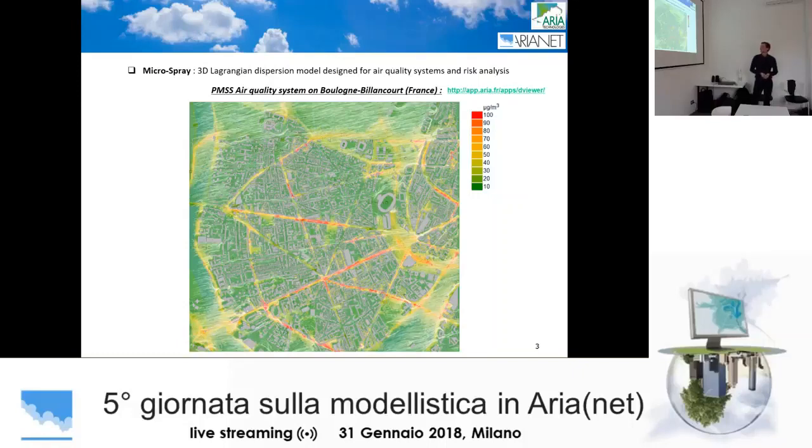This should be a video, but this picture is showing you an example of an air quality system. It's a demo on Boulogne-Billancourt, where the wind is represented by the white streamlines, and the concentration of particles in the atmosphere is represented by the colors from 10 to 100. So basically, this kind of application is able to produce maps on a daily basis on the website.